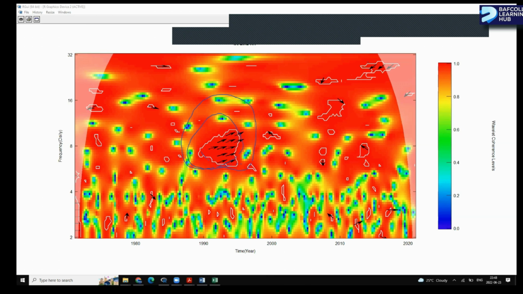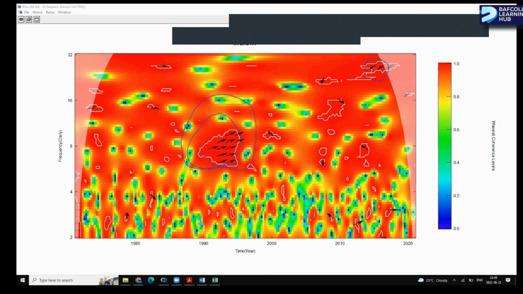These were two places where there is a lot of activity. So in phase, X is leading. X is what? IR, interest rate. And real GDP is lagging. And this is a little bit weak.